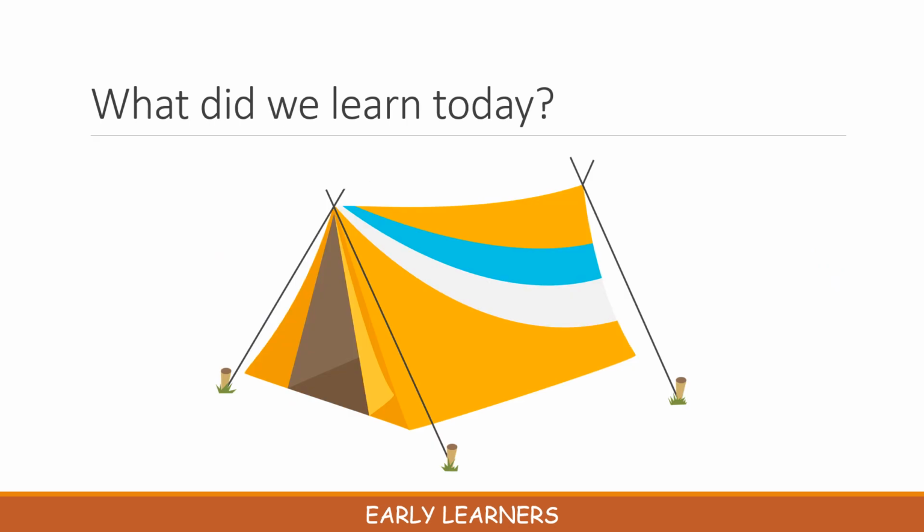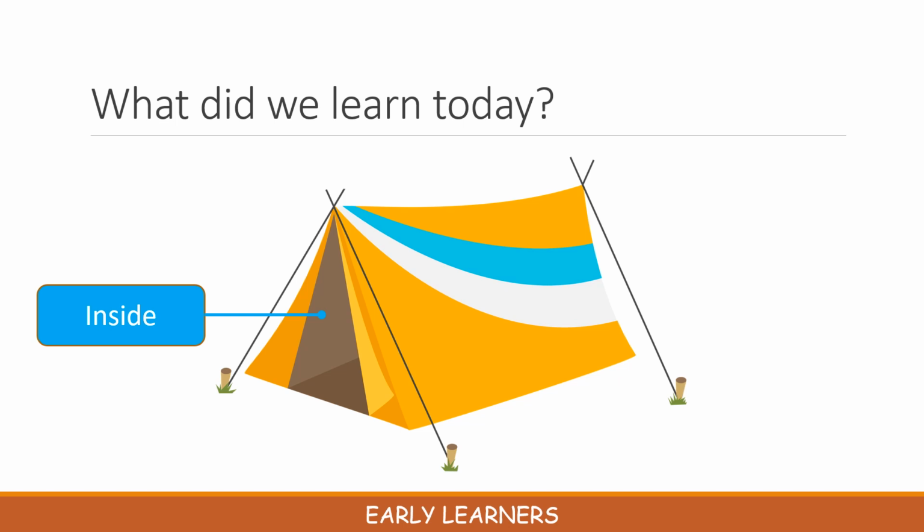So students, what did we learn today? We learned two words today. One is inside. So this area which is inside the tent. So we call it inside when you are inside something. So for example, you're sitting inside the car or you go inside your room.